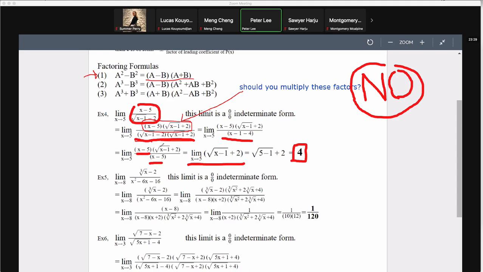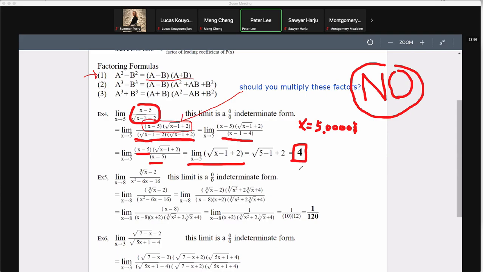So before you do all this calculation, what happens if you really want to, let's say, cheat? Well, this is not cheating. Take this function and plug in x equals 5.0001, and so on. Or you can use a graphing calculator or a regular calculator. When you plug in those numbers, you can see that the result will be very, very close to 4.